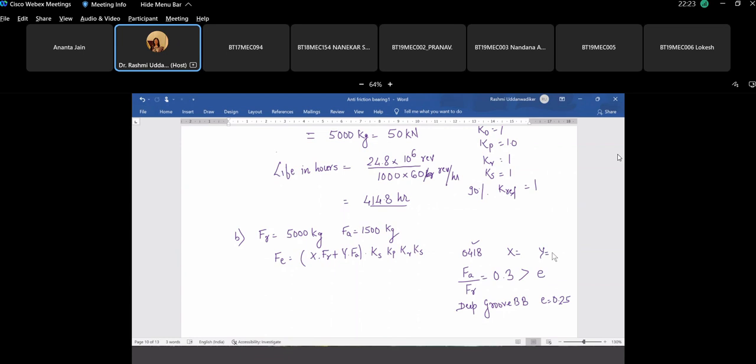If Fa by Fr is greater than e, what is X and what is Y for deep groove ball bearing? This is given on page number 144. X is given as 0.56. Y is 1.6.